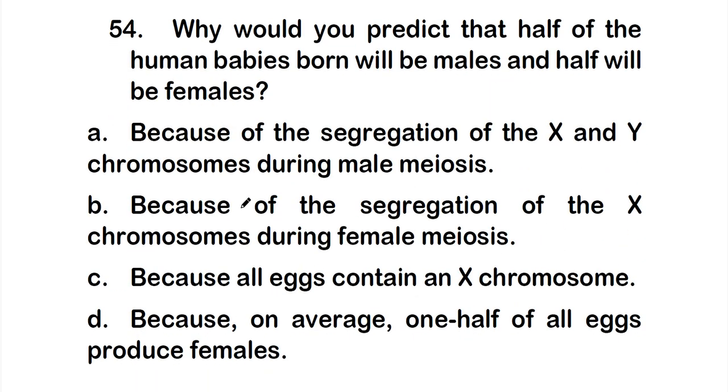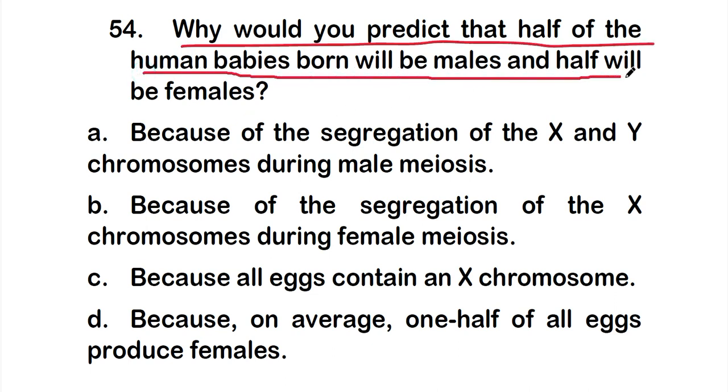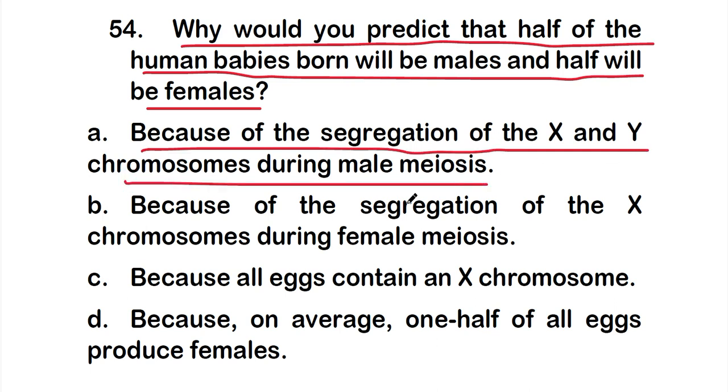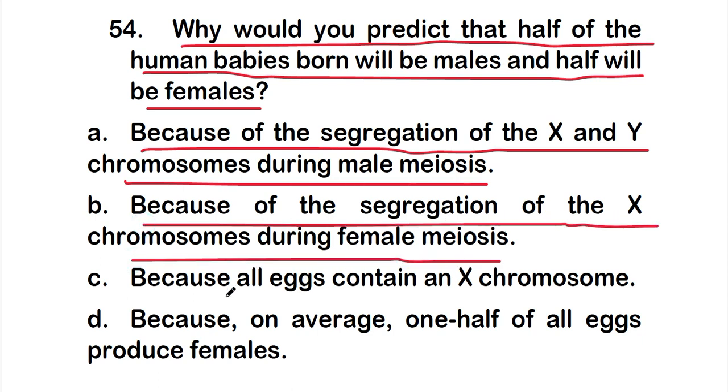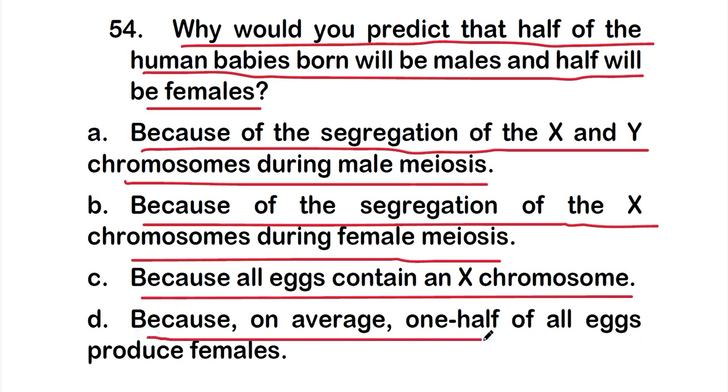Why would you predict that half of the human babies born will be male and half will be female? And the options are option A, because of the segregation of the X and Y chromosomes during male meiosis, or option B, because of the segregation of the X chromosomes during female meiosis, or option C, because all eggs contain an X chromosome, or option D, because on average one half of all eggs produce females.